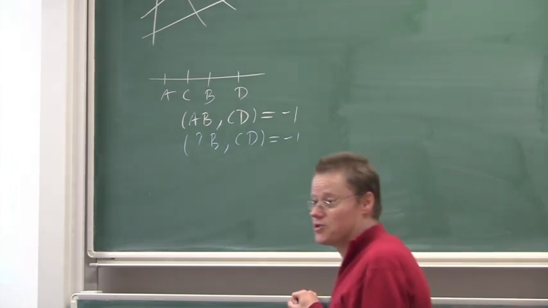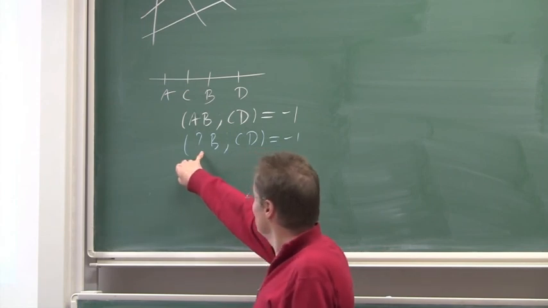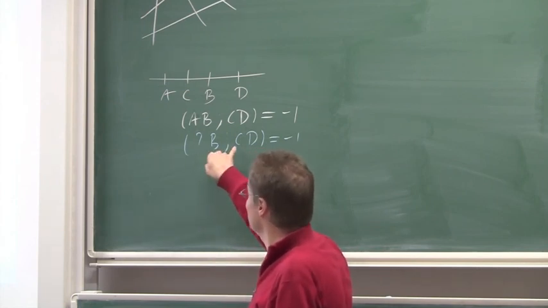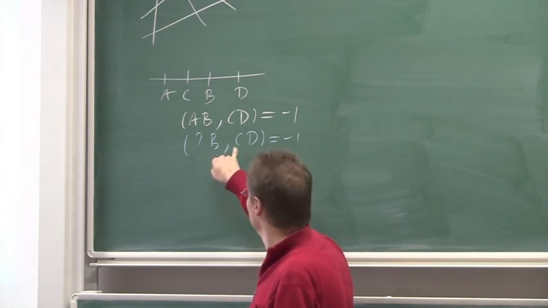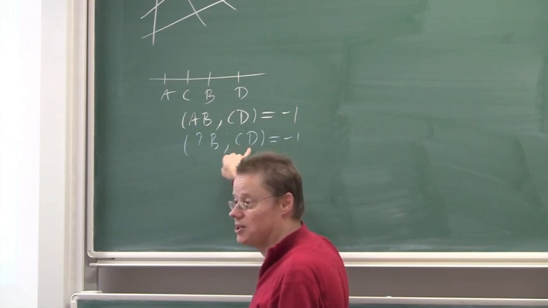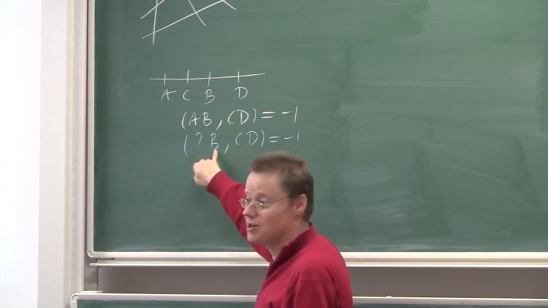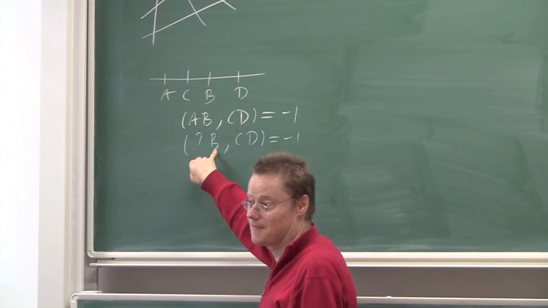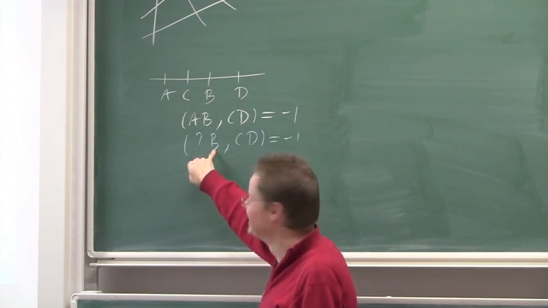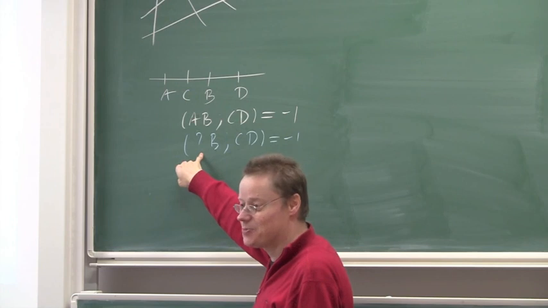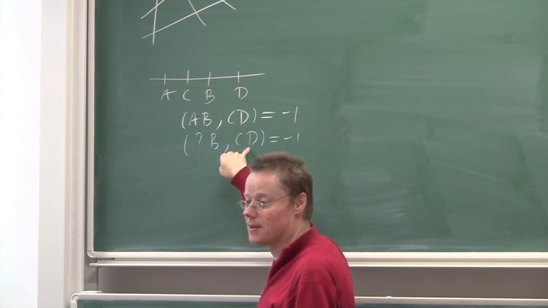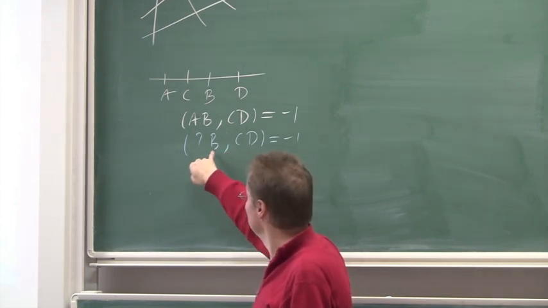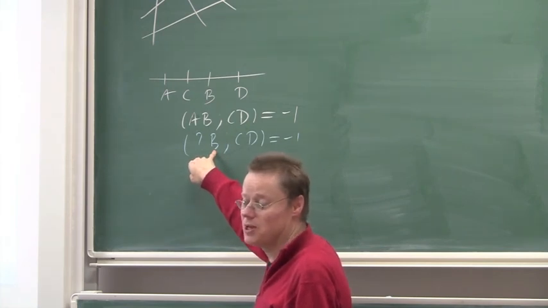So one of the ways of saying it is the fourth harmonic of B with respect to C and D is the perspective view of the midpoint of the line segment CD with respect to the vanishing point B. So B is the point at the horizon.